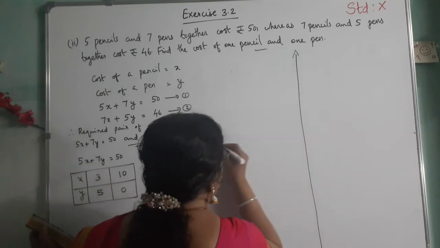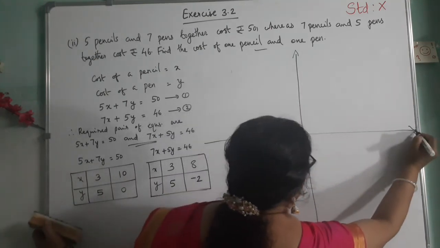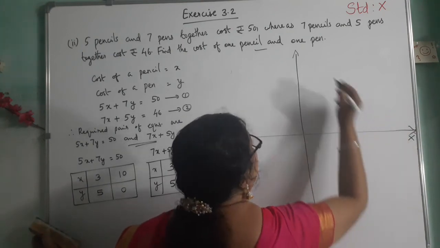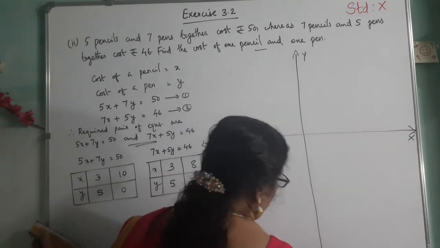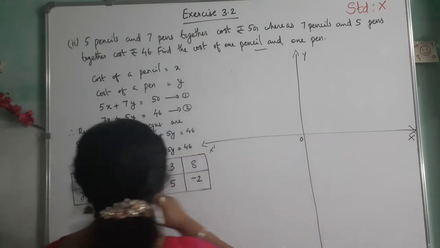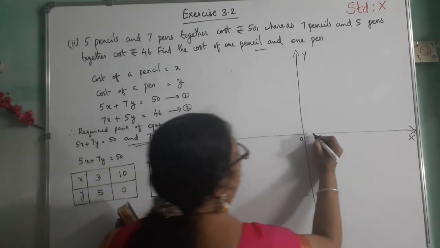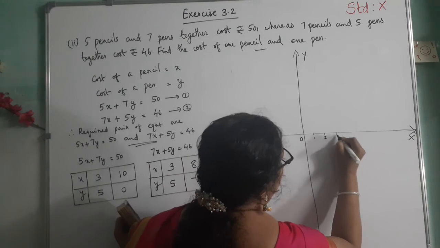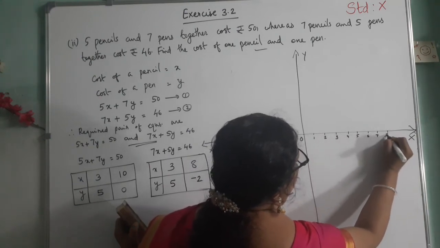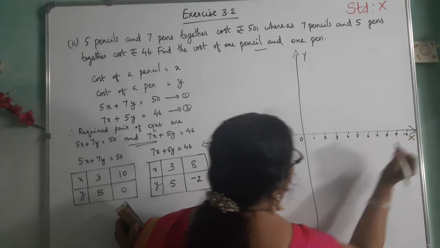This is the y axis and this one is the x axis. This is x dash, here y dash. Then the numbers: here 0, then x up to 10 we want, so 1, 2, 3, 4, 5, 6, 7, 8, 9, 10.